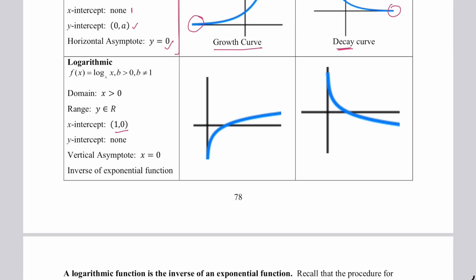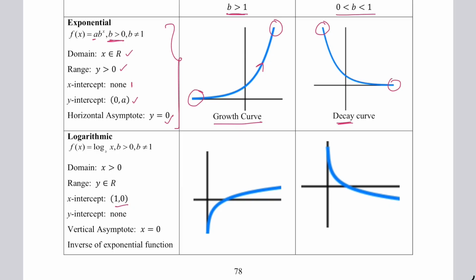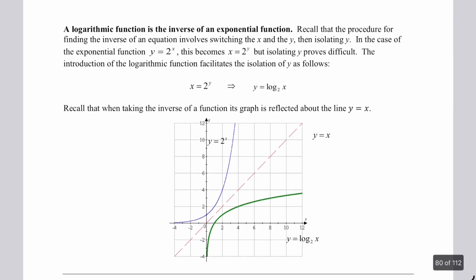Try looking at the graph and remembering how it looks. Now when we are finding the inverse of the function, in this case y is equal to 2 to the power of x, we get x is equal to 2 to the power of y. When we do inverse, it's basically being reflected by the line y is equal to x, and that means we're just swapping x and y's position.